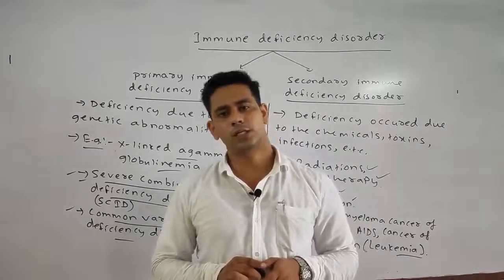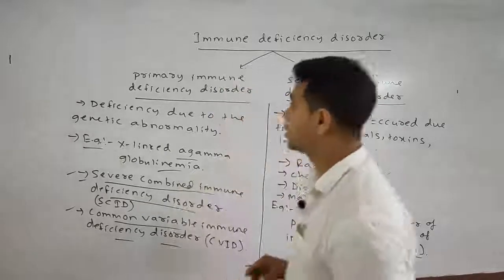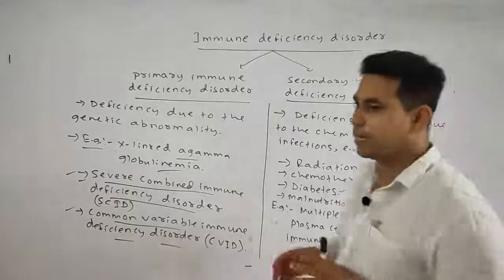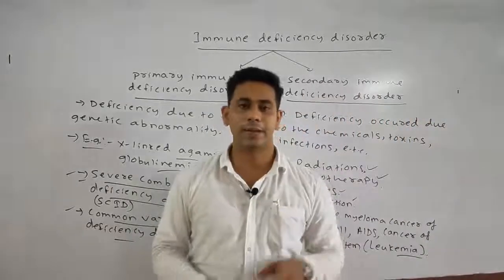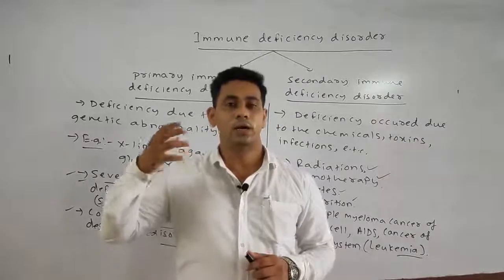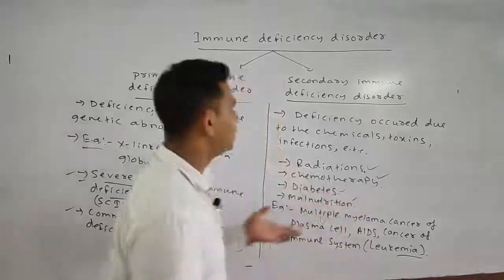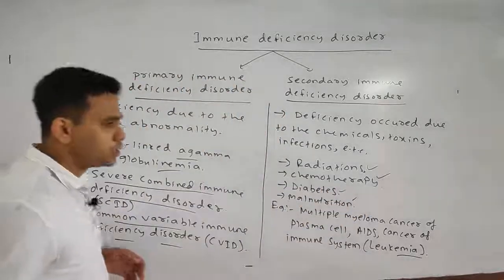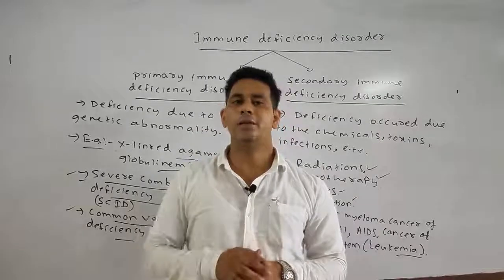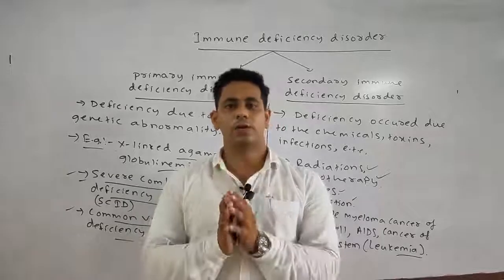Next, we discussed the autoimmune disorder. Then the lymphoid organs, meaning the primary lymphoid organs and the secondary lymphoid organs, where the maturity of the lymphocytes takes place. And lastly we discussed the immune deficiency disorder, which is a deficiency of the immune system, or the inability of formation or activation of the immune system of a particular person.